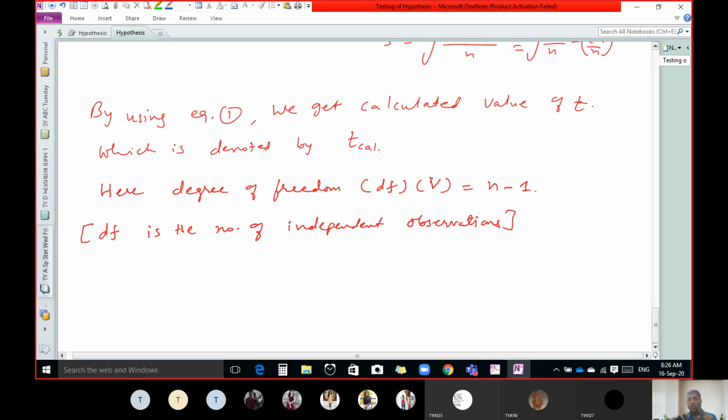What is the condition? Total should be 100. So you are free to say any of the 4 numbers except the last one, because there is one condition. Because of that condition, your number of independent observations is not 5 but 4.